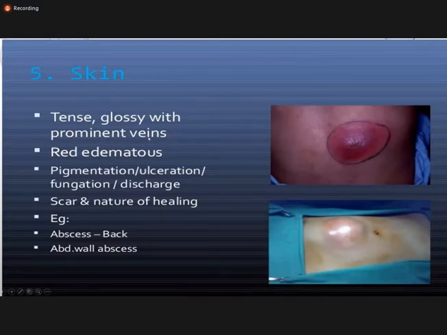In the skin, we will also see the prominent veins, edematous area, pigmentation, ulceration, any scar. This is the abscess. How is the skin looking? It looks shiny, distended, tense.